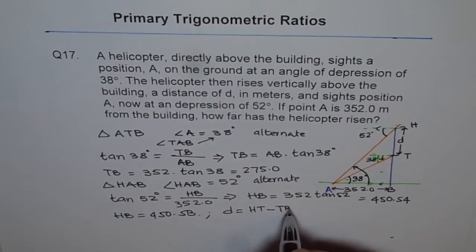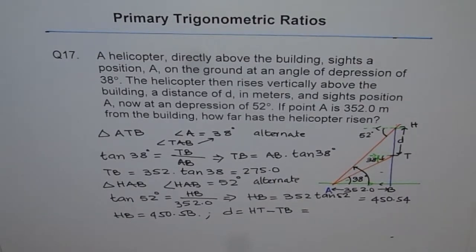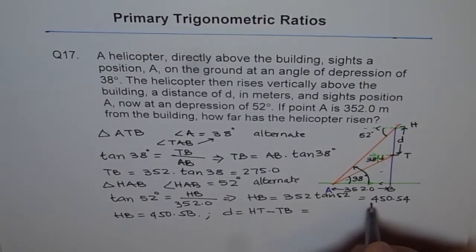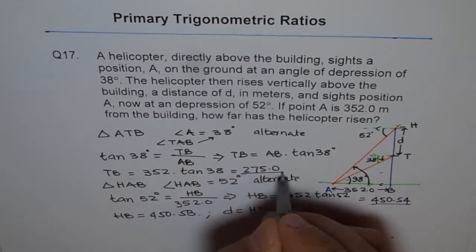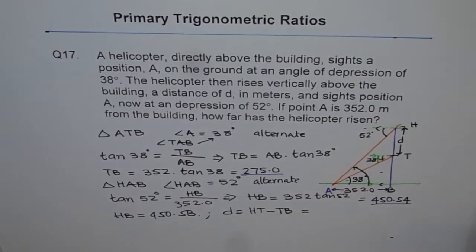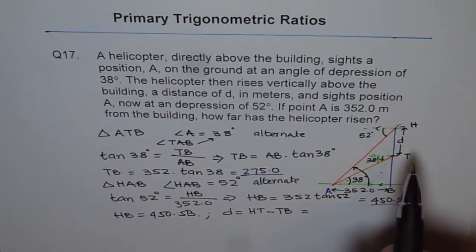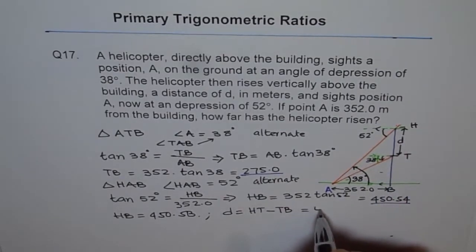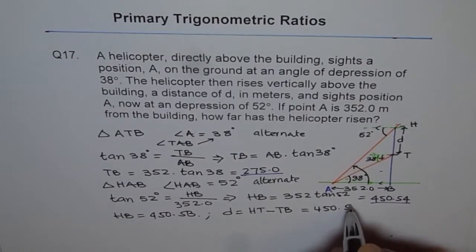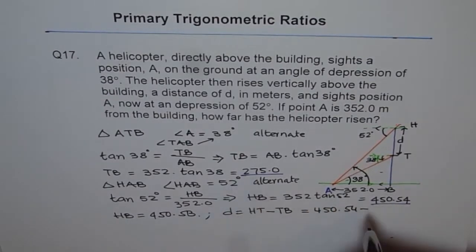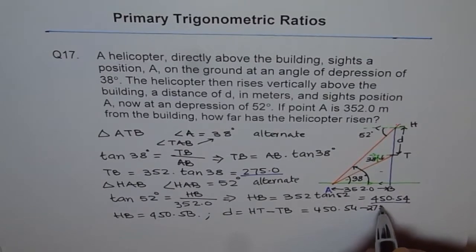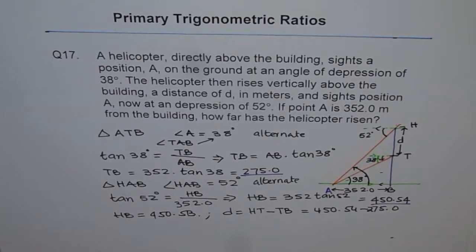These are the two heights which we calculated, and the difference is the difference in height. 450.54 take away 275.0 equals 175.5 to one decimal place.